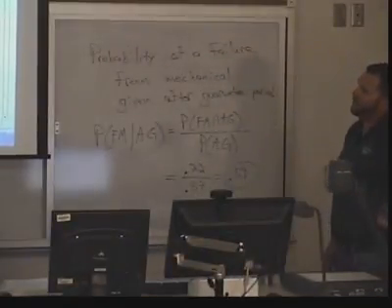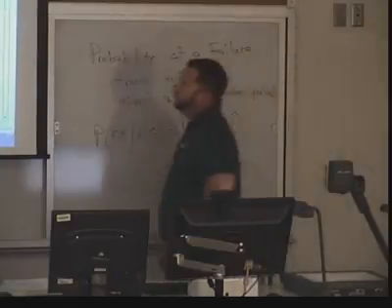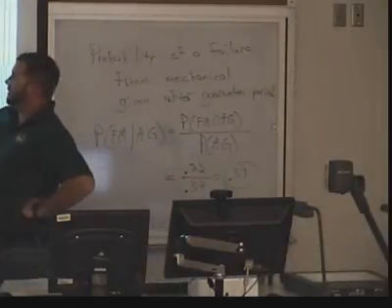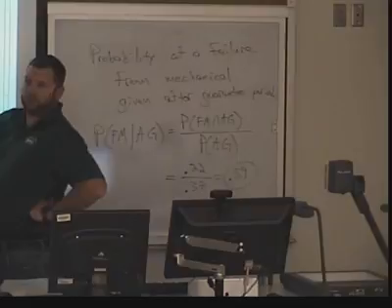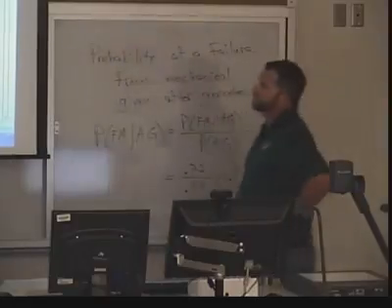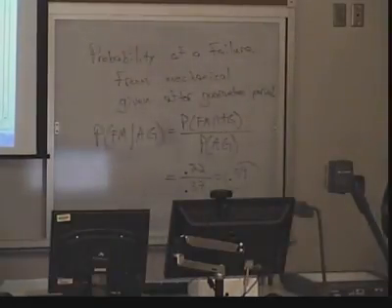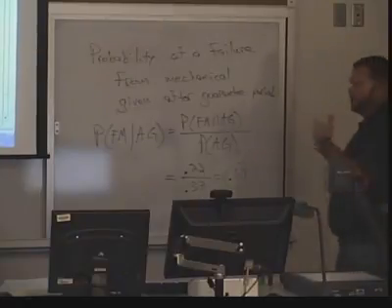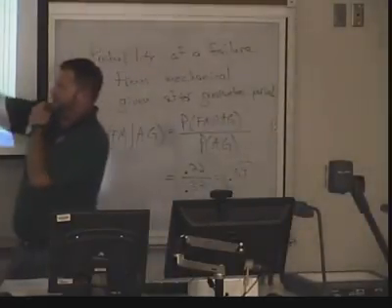Probability of B, observe a number less than or equal to 4. So that's 4 out of 6, right? There's 4 numbers less than or equal to 4 on a die out of 6. So that's 2/3. Okay? So that's how we come up. Does everybody understand how I came up with probability of A and probability of B?